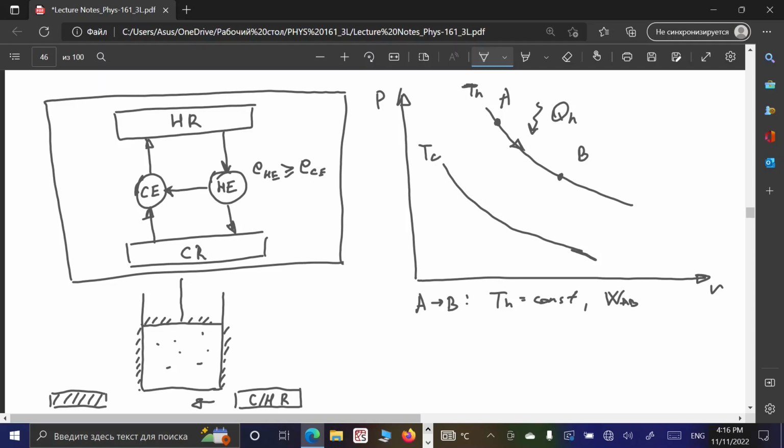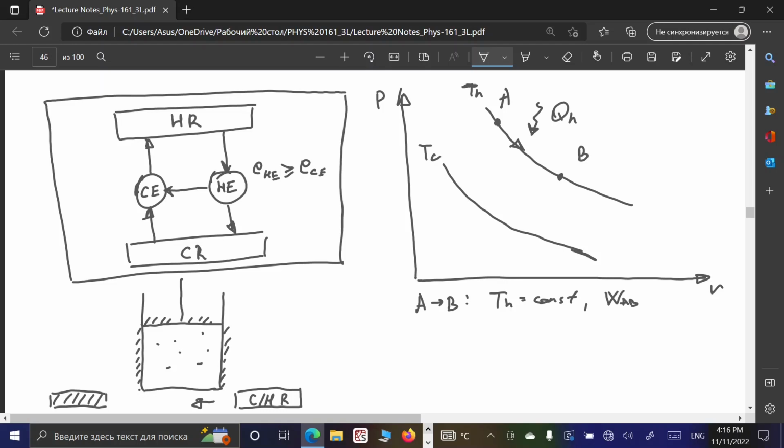So what is the source of this work done by the system, because volume is increasing? That is the amount of heat which is absorbed from the hot reservoir, since internal energy remains constant, temperature doesn't change. So in this case, we consume heat from the hot reservoir and perform work via this isothermal process.